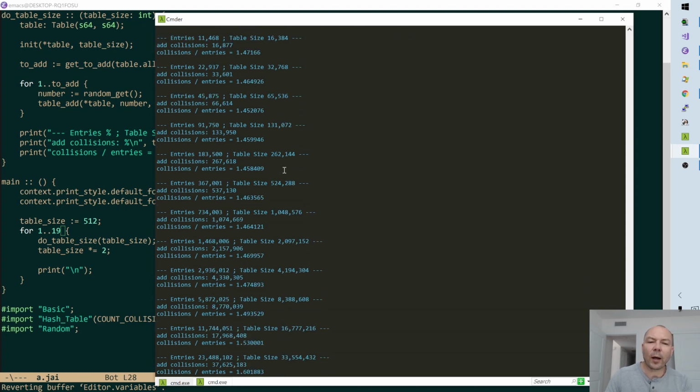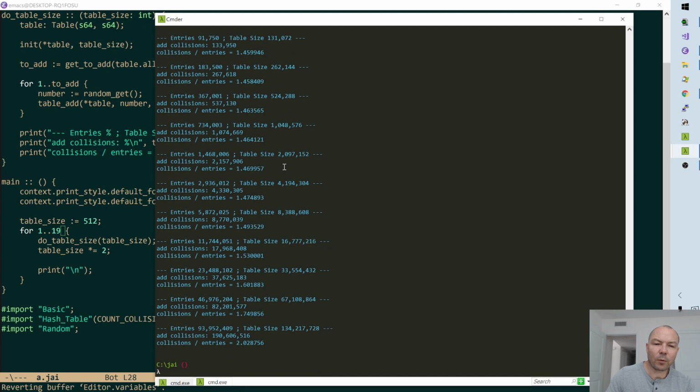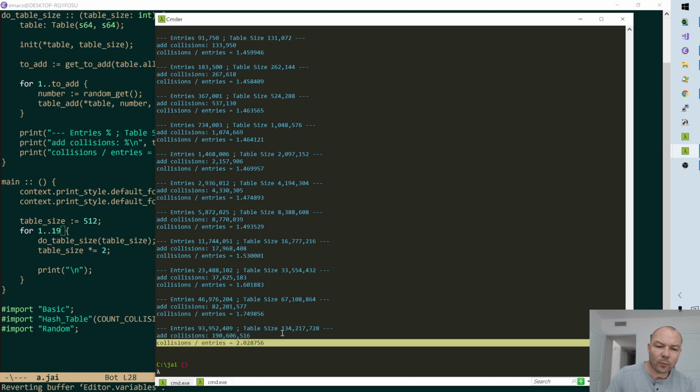Maybe we should seed the random number generator with the time or something. I don't know. Anyway, though, as we get up here, it starts to get scary. Our 134 million entry hash table with 93 million elements in it.